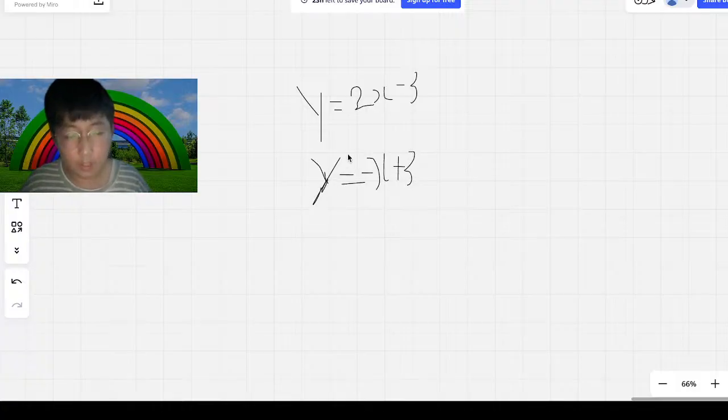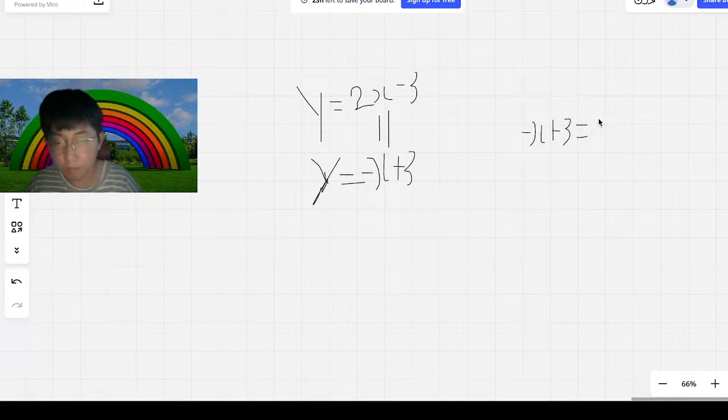If we want to find the intersection of these two lines, we can not only plot it, but it's better for us to actually solve these simultaneous equations in case our graph is not accurate. And since y is the same, we say that these two are the same. And then we add x to both sides, 3x minus 3, and then this is 3.